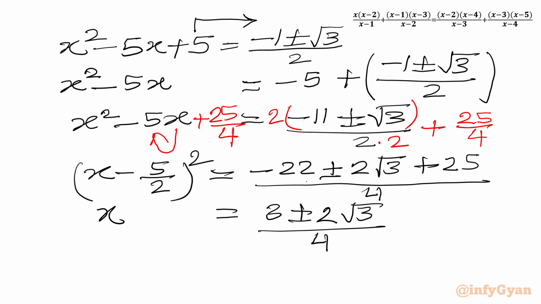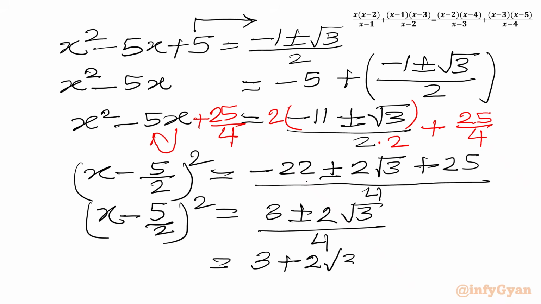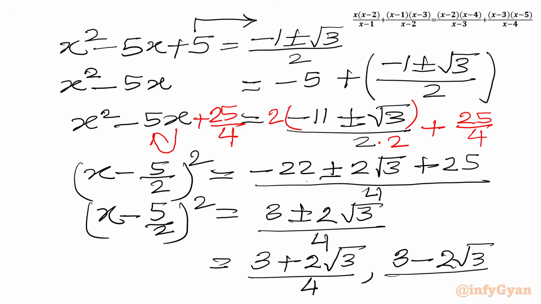So I can write here both the values separately. So I will write here 3 plus 2 root 3 over 4, with minus sign in between, 3 minus 2 root 3 over 4.